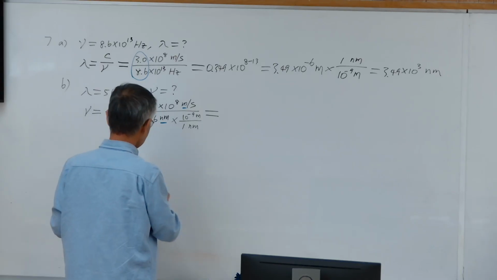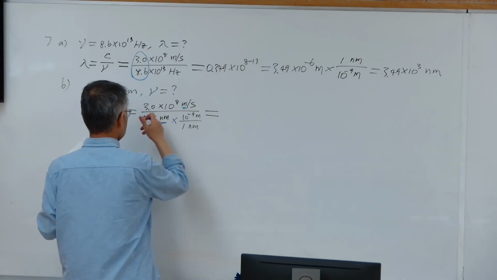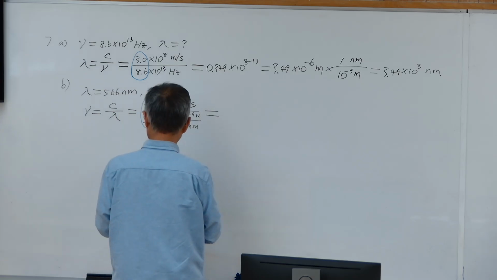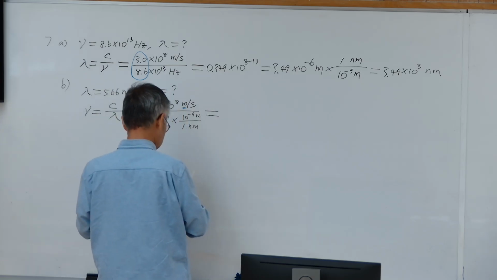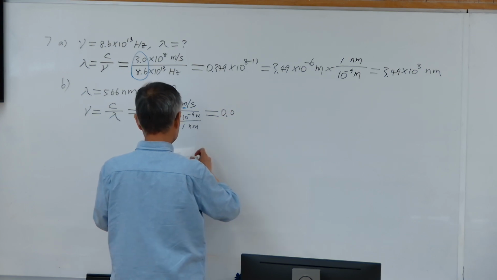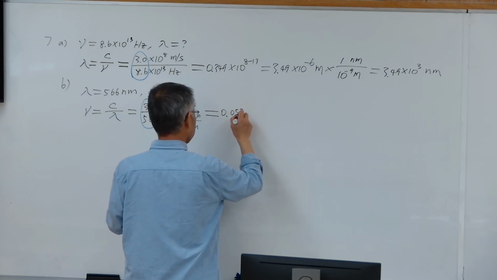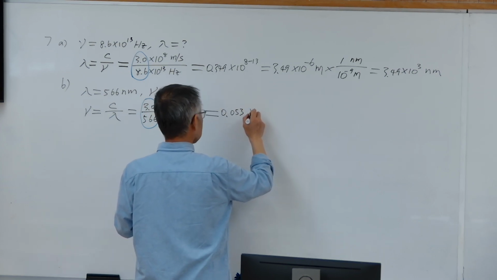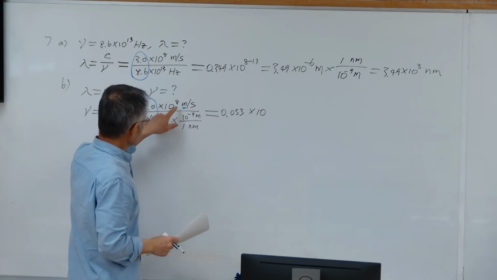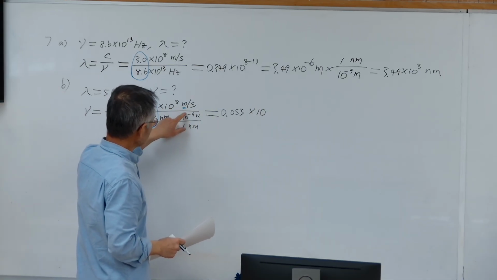Then use your calculator. 3 divided by 566. Put this in your calculator. This should be 0.053. Exponent, don't put it in the calculator. So 8 minus -9.